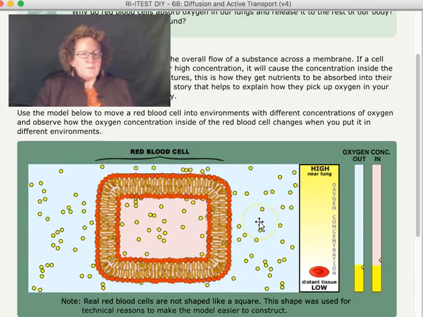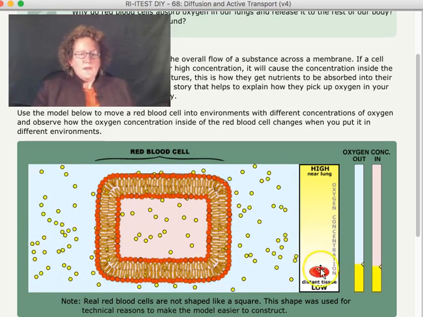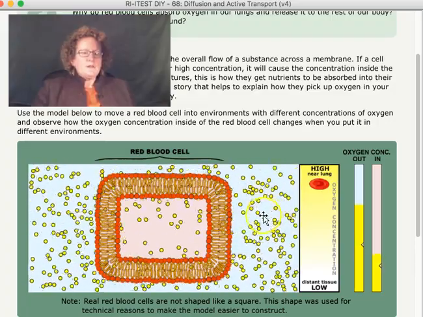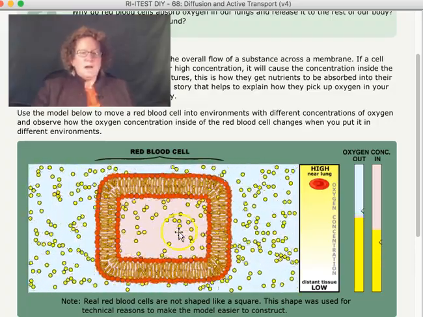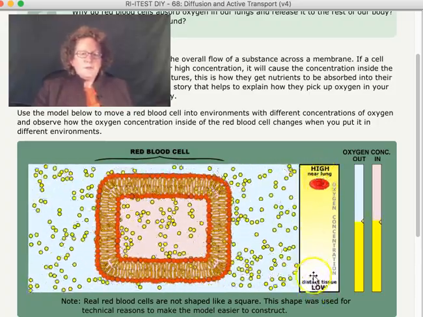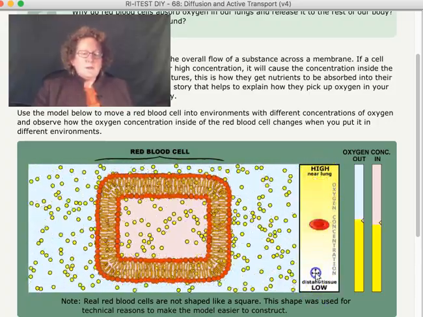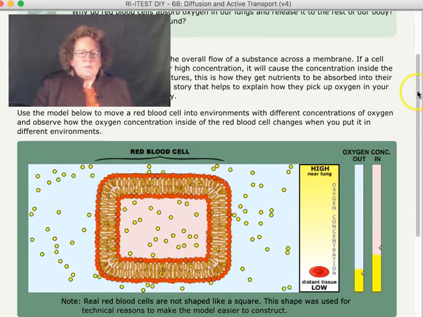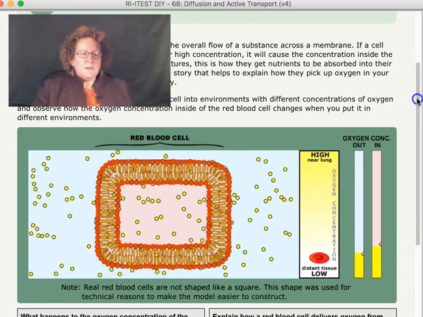Oxygen is leaving the red blood cell and going to your toes. If we take it back up, oxygen is going to head into the red blood cell from your lungs. So this is a high oxygen environment near your lungs. This has been a low oxygen environment near your toes or your working muscles. Anything that's using up oxygen pretty quickly is a low oxygen environment.